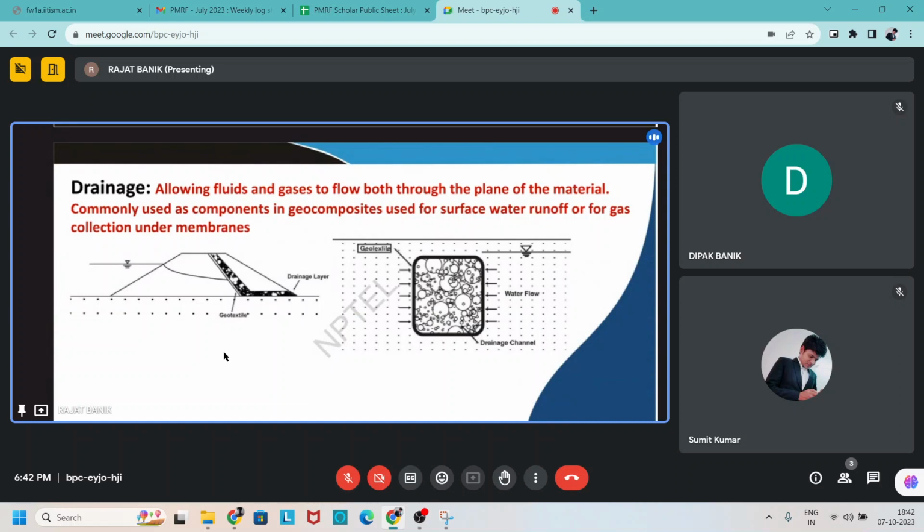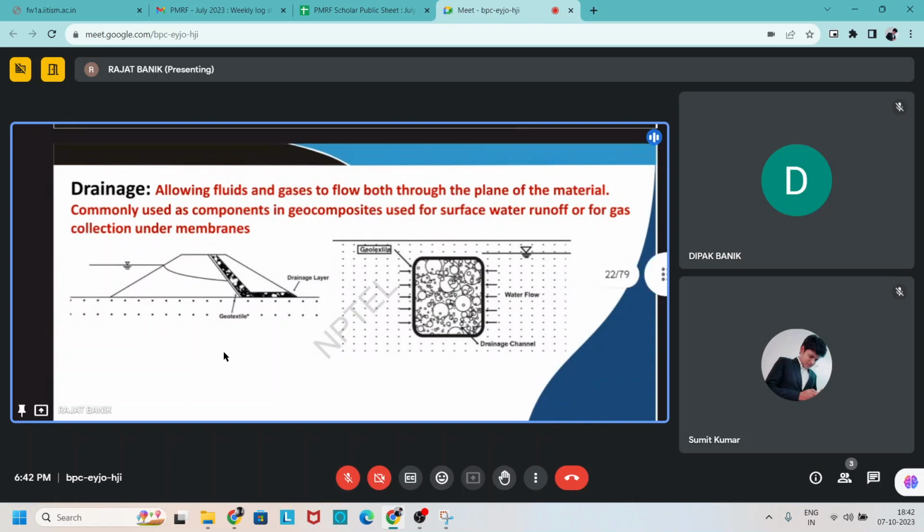So to prevent the seepage, we can use this geosynthetic material as a drainage to remove the excess water in the dam, and we can increase the strength of the dam.